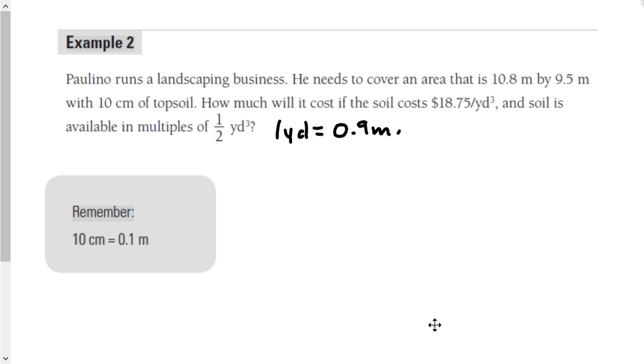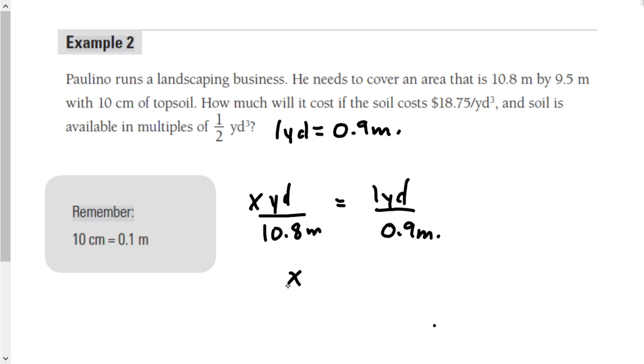So this would be x yards over 10.8 meters is equal to 1 yard over 0.9 meters to give us, let's call this x, is 12.0 yards.